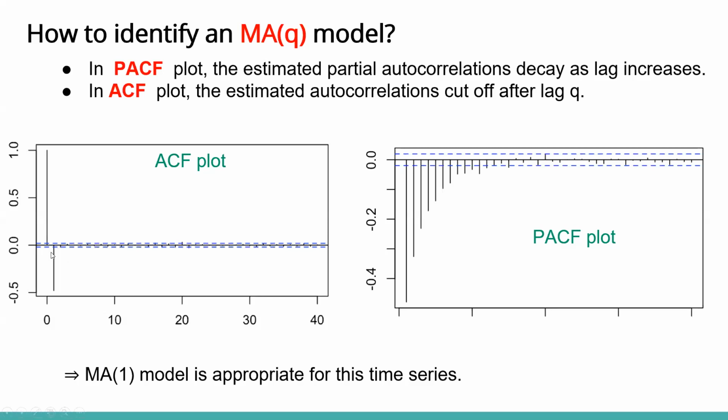If you take a look at what I have here, you're going to see that it cuts off after lag 1. The ACF actually included 0; you can see this is 1, but this is lag 1. And after lag 1, you don't see any vertical bar anymore. Can you see that now?